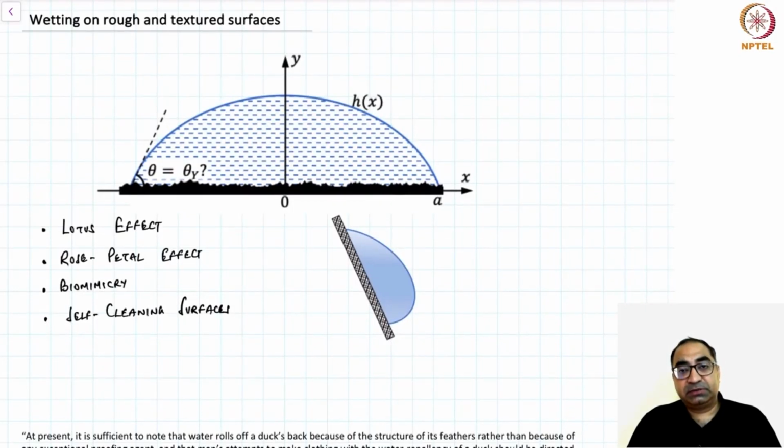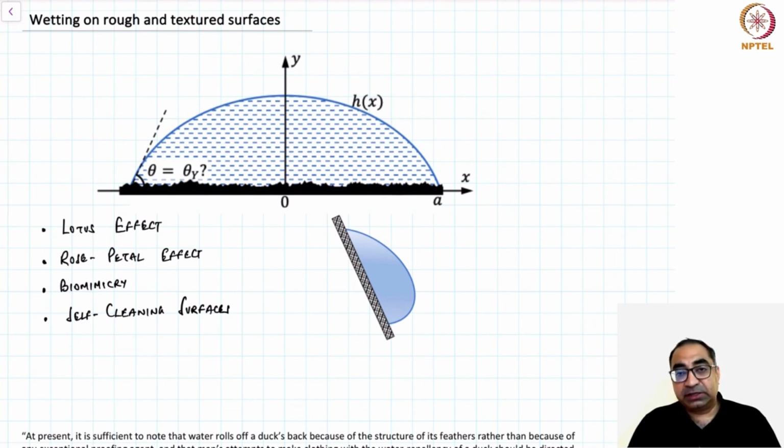We've looked at cases where we have a rough surface, modeled with idealized textured surfaces. We've looked at 3 different cases. We have the Cassie-Baxter state, where we have chemical heterogeneities.